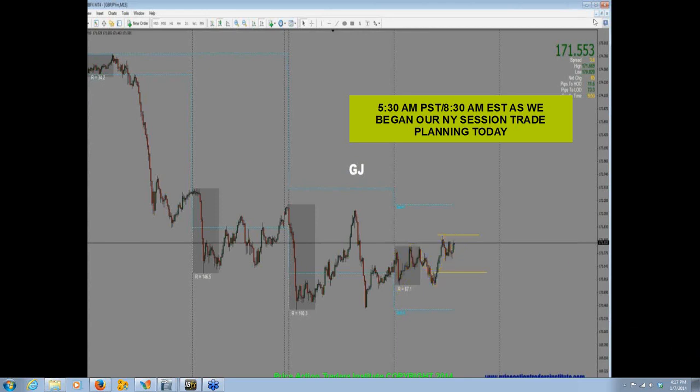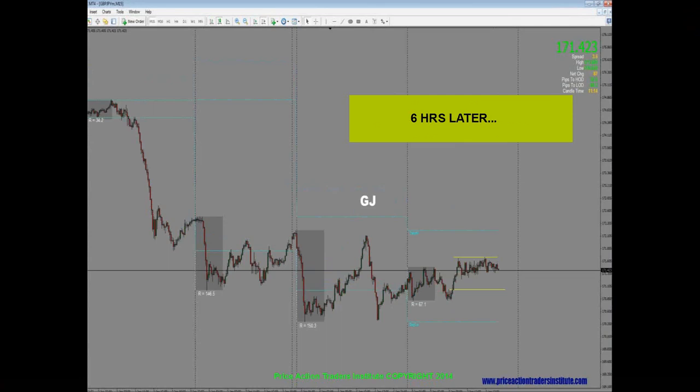All right? So again, I identified this as ranging. Again, let's make sure you see that. Down, up, down, a little higher, and then back into the range. No clear directional move.